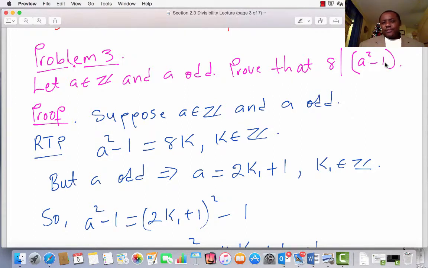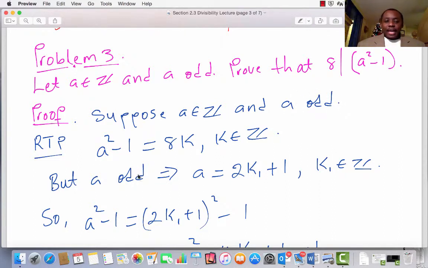Again, even if you haven't seen a problem on divisibility before and it is presented to you, always ask yourself what is required to prove. We want to prove that A squared minus 1 equals 8k, where k is an integer. What is given? We are told that A is odd.